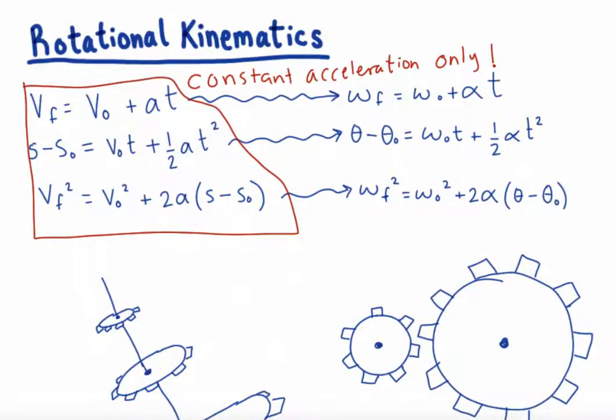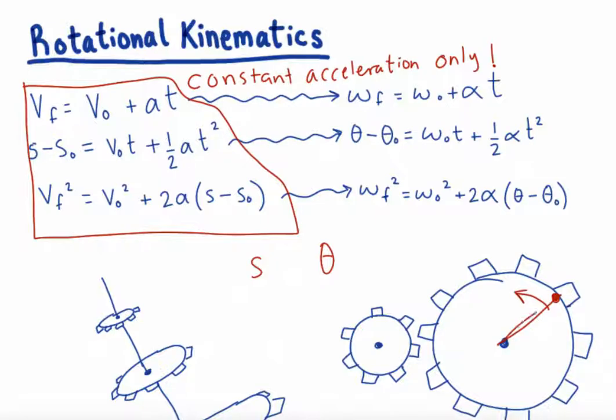In rotational kinematics, you have the same thing for constant acceleration, but with a change of variables. Instead of position, which we denote with x, in the x direction or y direction, it's now theta. Let's say at time equals 0 we start rotating that way.